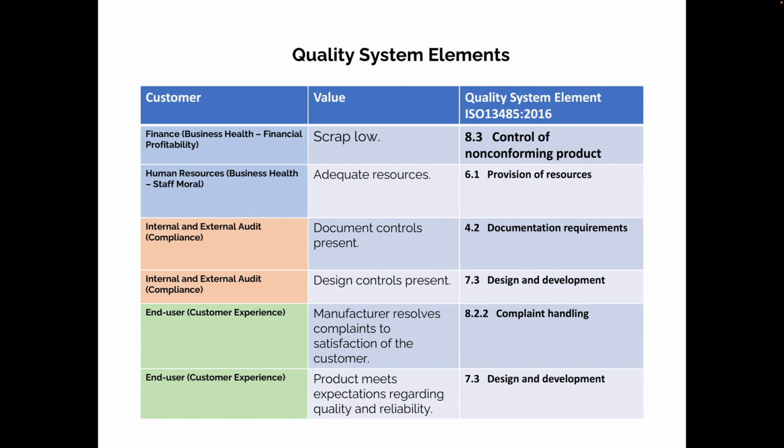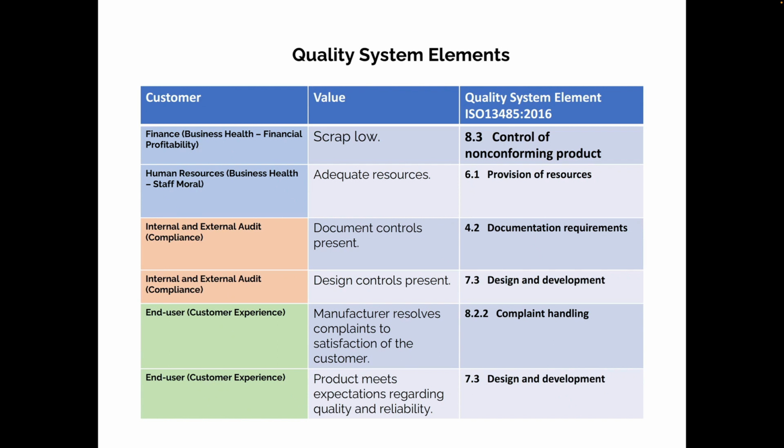Conversely, in terms of staff morale, adequate resources within an organization have a direct impact on whether morale is good or bad, and there is an equivalent section within the 13485 standard, which talks about provision of resources.